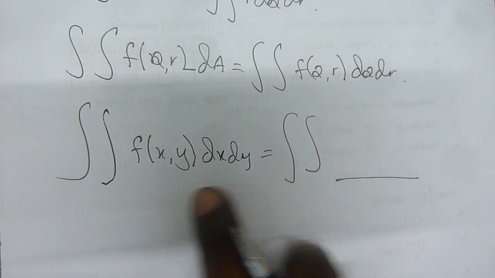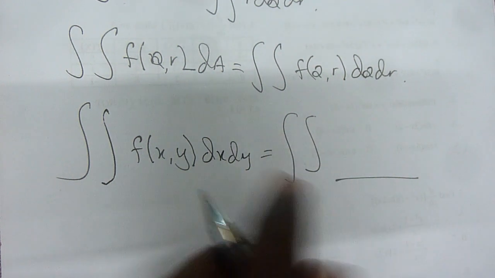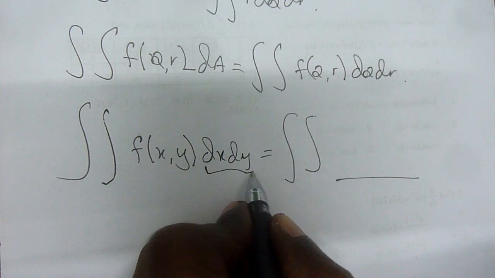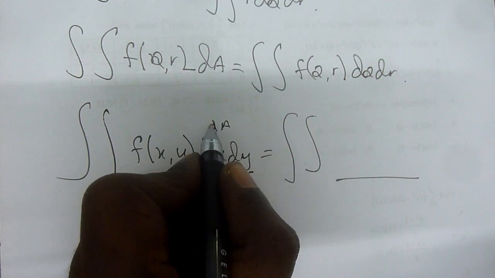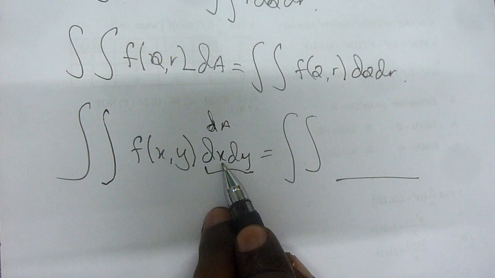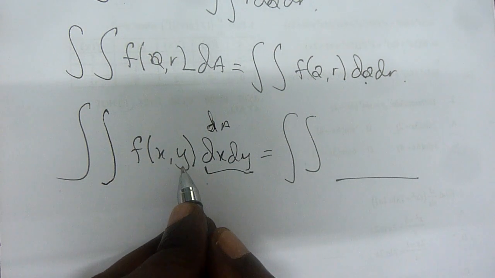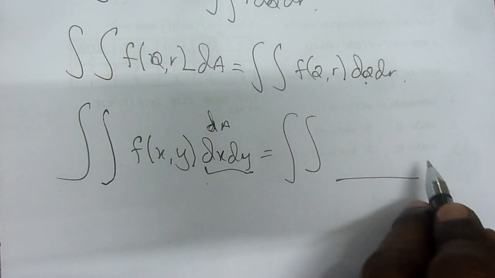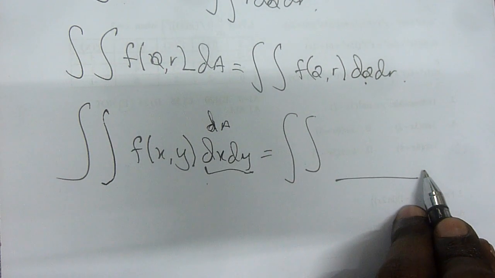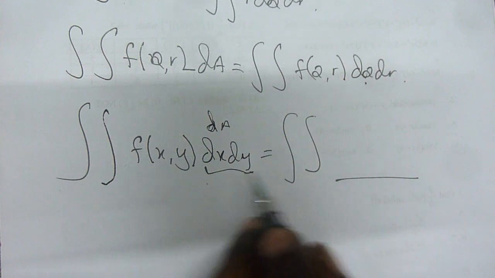Please, you must master this. We know this is dA, and I want to convert dA from rectangular to polar.